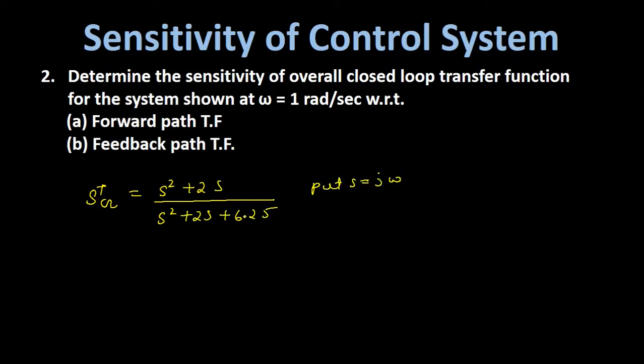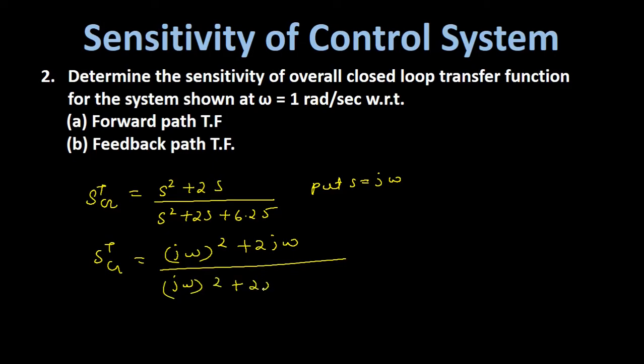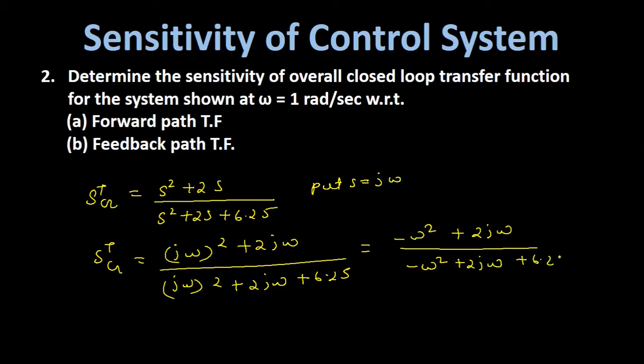Now in this equation we will put s equal to j omega. We will get S^T_G equal to ((j omega) square plus 2j omega) divided by ((j omega) square plus 2j omega plus 6.25), which is equal to (minus omega square plus 2j omega) divided by (minus omega square plus 2j omega plus 6.25).